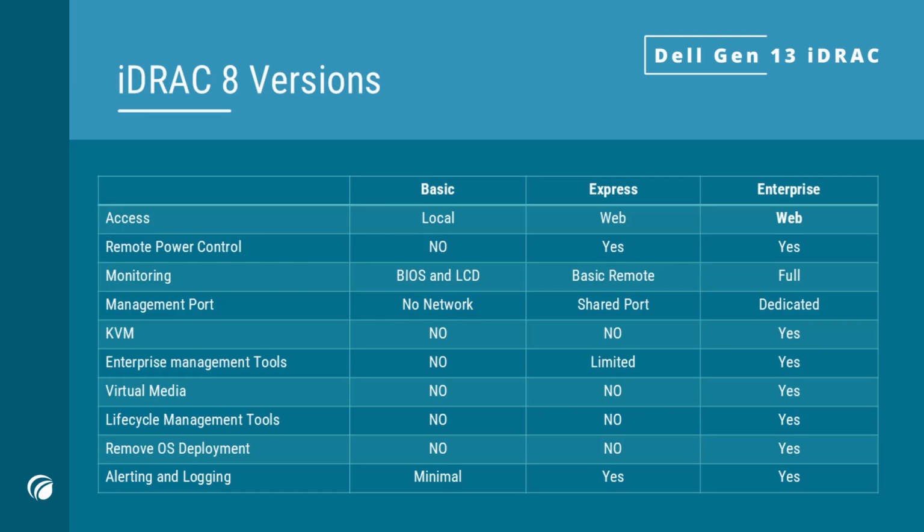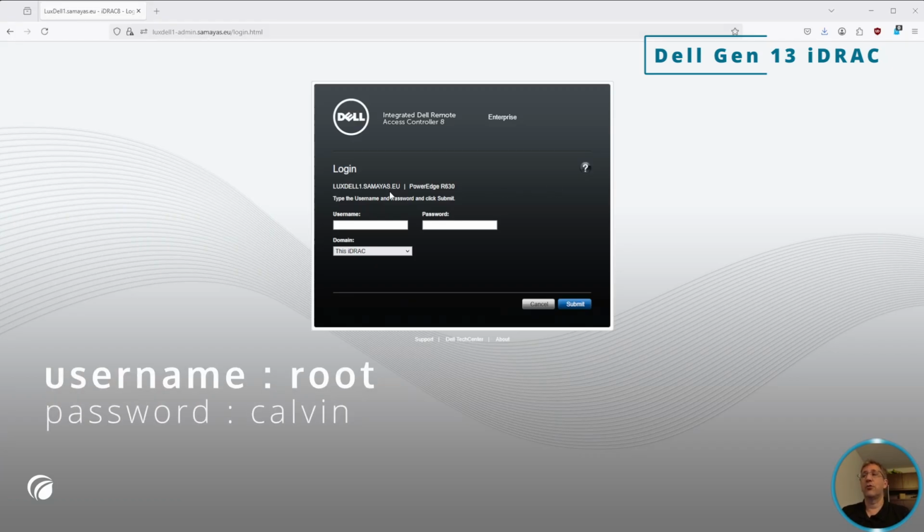And finally you have the enterprise version, which is everything in the Express, plus you have a dedicated NIC for your iDRAC. You do have a virtual console, which is in HTML5 or Java. You have virtual media, you have the full Lifecycle Manager, you have remote OS monitoring, and you have Dell Enterprise Management, Redfish and tools.